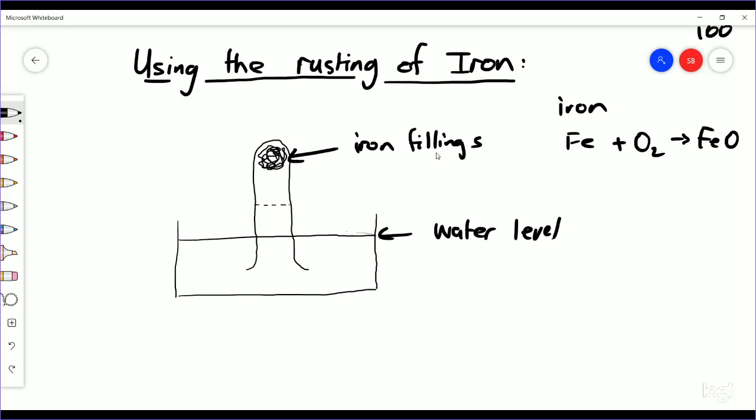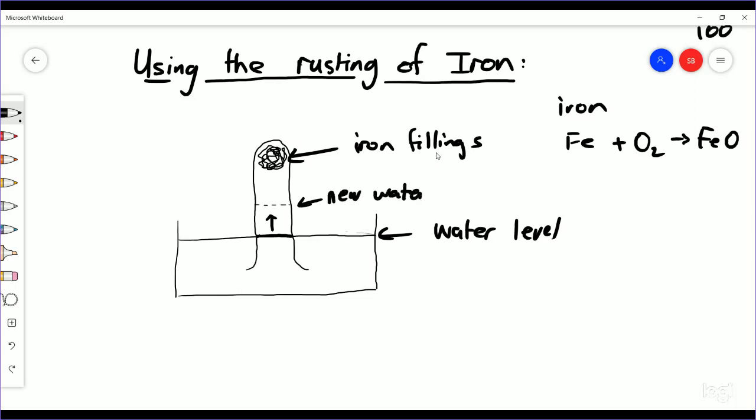So the water level in this boiling tube is going to rise. Here's the original water level, and as the oxygen reacts, we can see that the water level rises. This is the new water level over here.